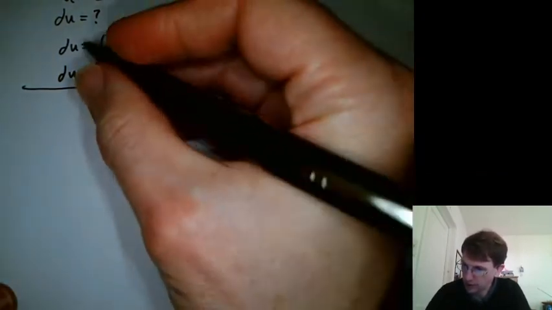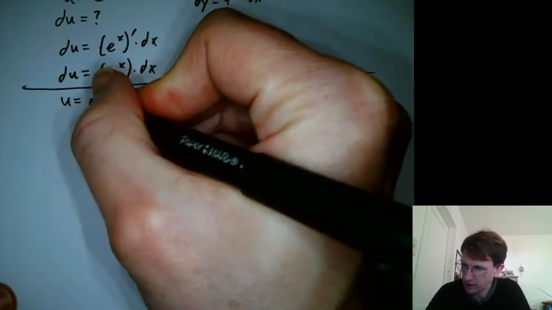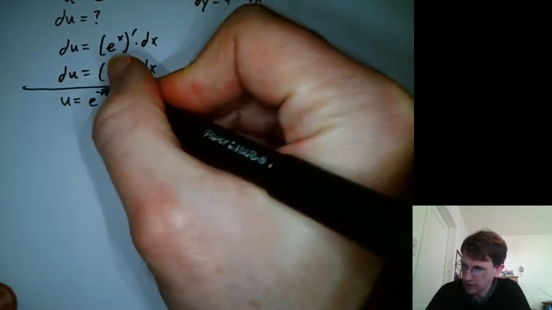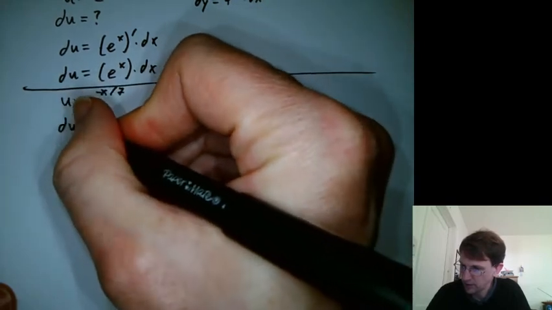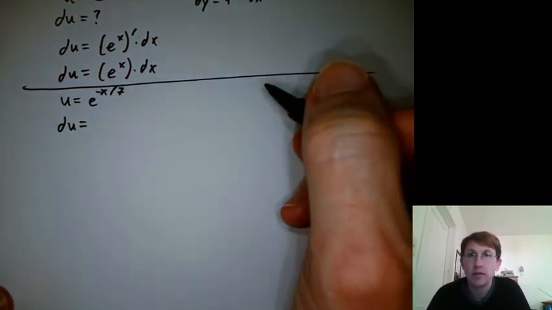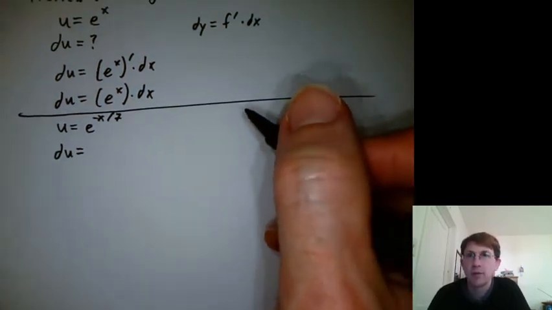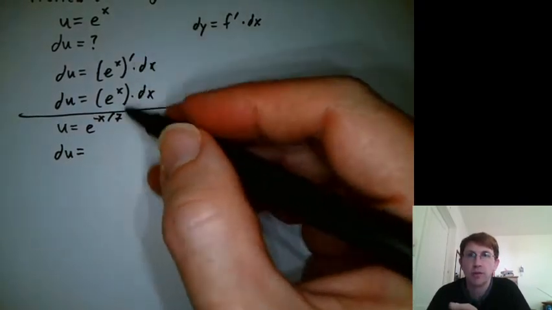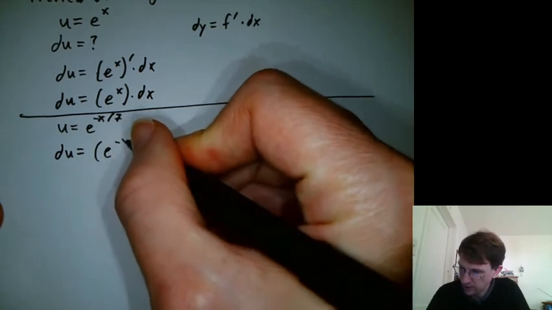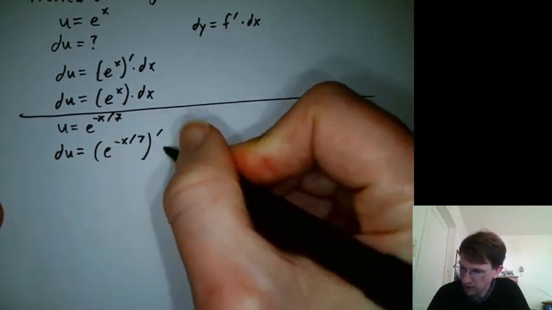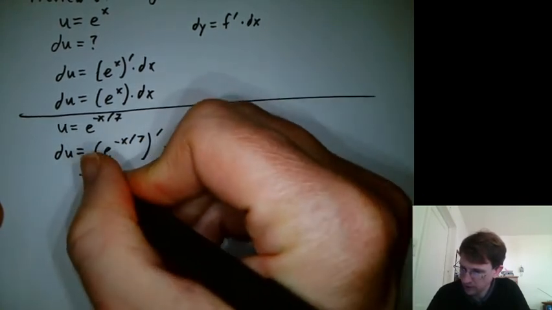If it was slightly more complicated, like u equals e to the negative x over 7, let's say, go ahead and compute du. I mean, compute, I don't mean numbers, but just do formulas. Well, you'd say it's e to the negative x over 7 prime dx.